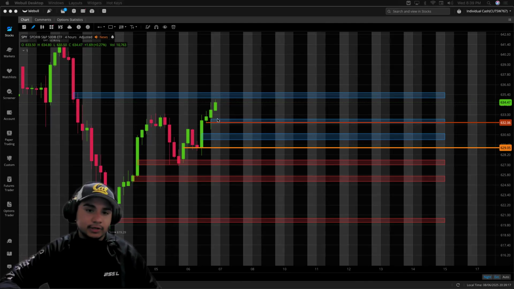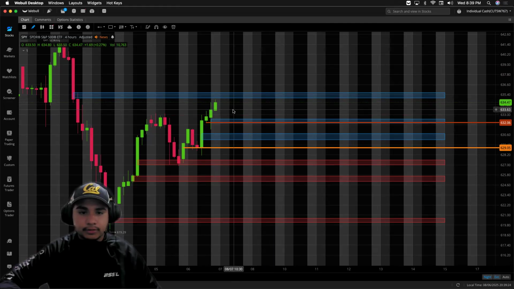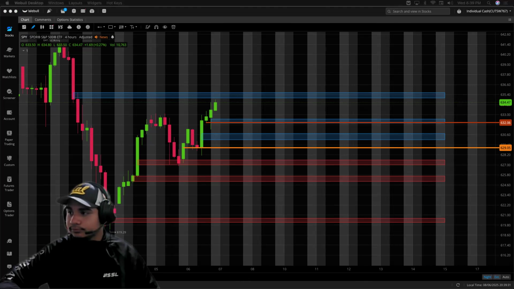So I think we could chop here, perhaps. Hmm, chop in this area. August 9th.